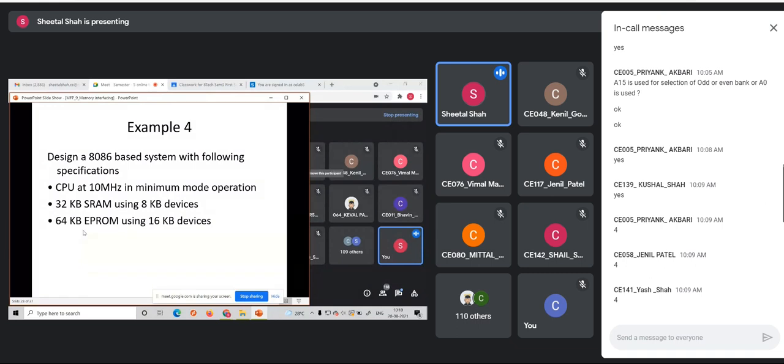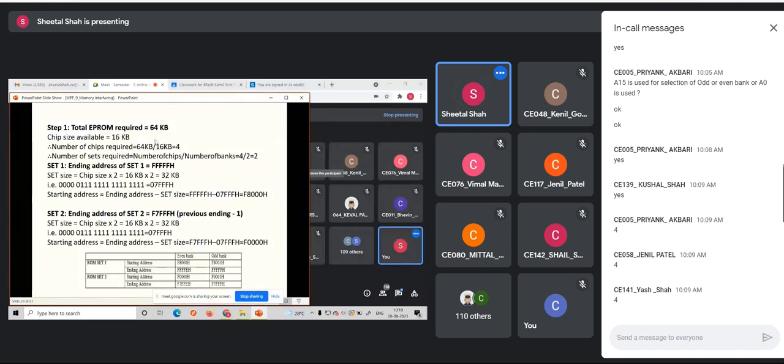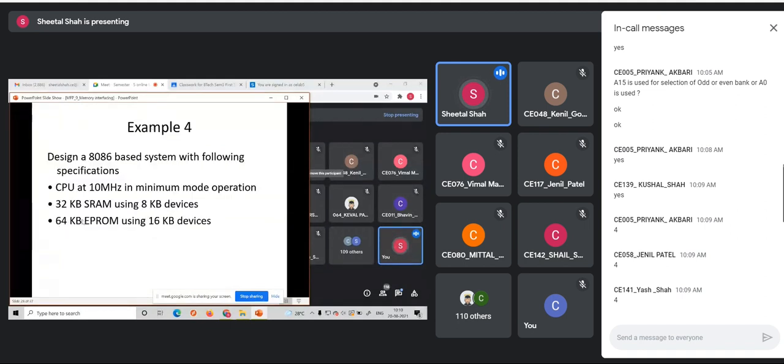Followed? Now, if I want to design this memory using these available devices, how can we do it? The total EEPROM capacity which is provided is 64 kilobytes. So we are starting with the EEPROM, because as we know, if nothing is provided here, the last address of the EEPROM should be FFFFF.